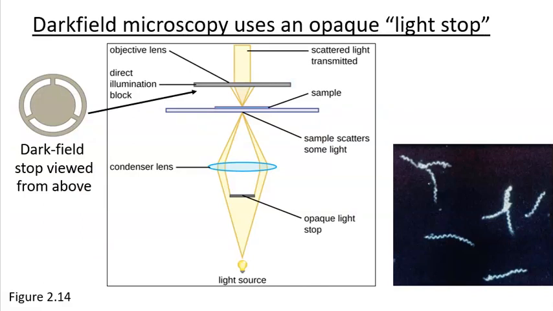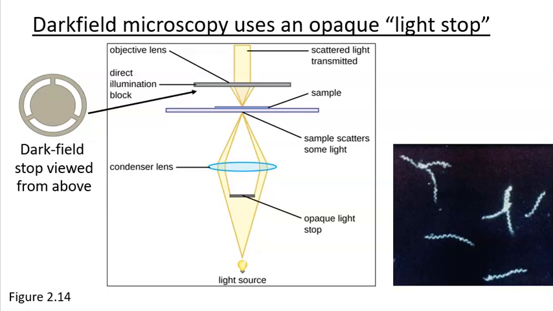One interesting feature is that people have found that adding an extra little piece that looks like this when you view it from above helps. Imagine taking this disc that has a little cutout ring and dropping it into the path of light. Your light comes up here, gets condensed and hits your specimen, and then you've got this dark field stop placed in the pathway of the light.